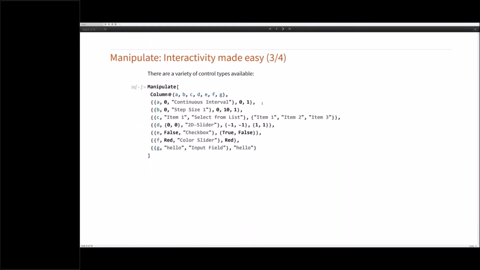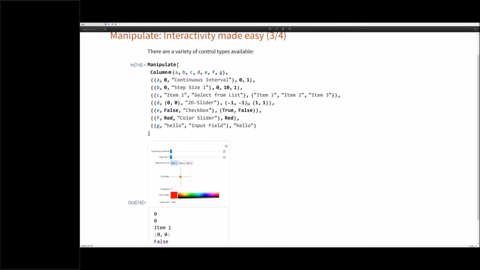And there are lots of different control types which are supported by default. This is an example where we have several variables, each of a different type or using a different control type. The first is a continuous interval.